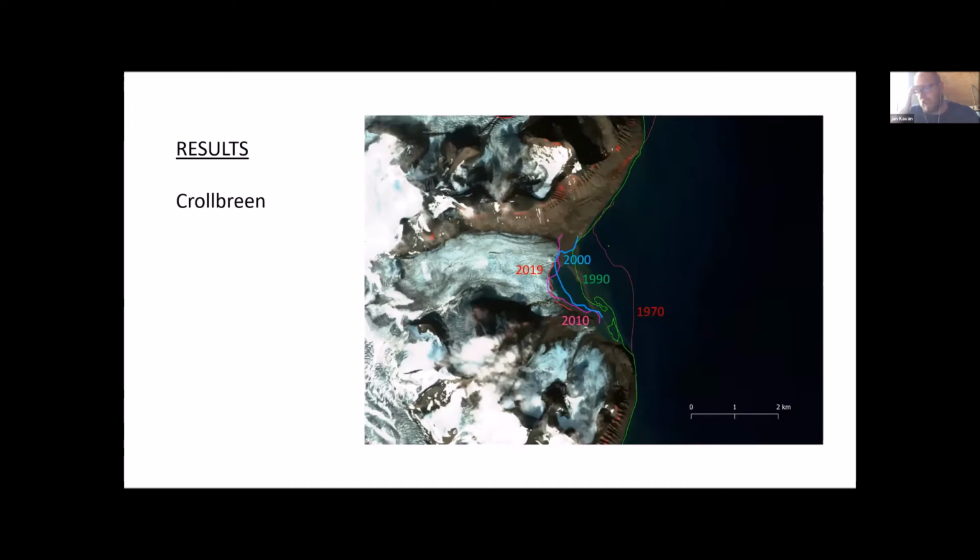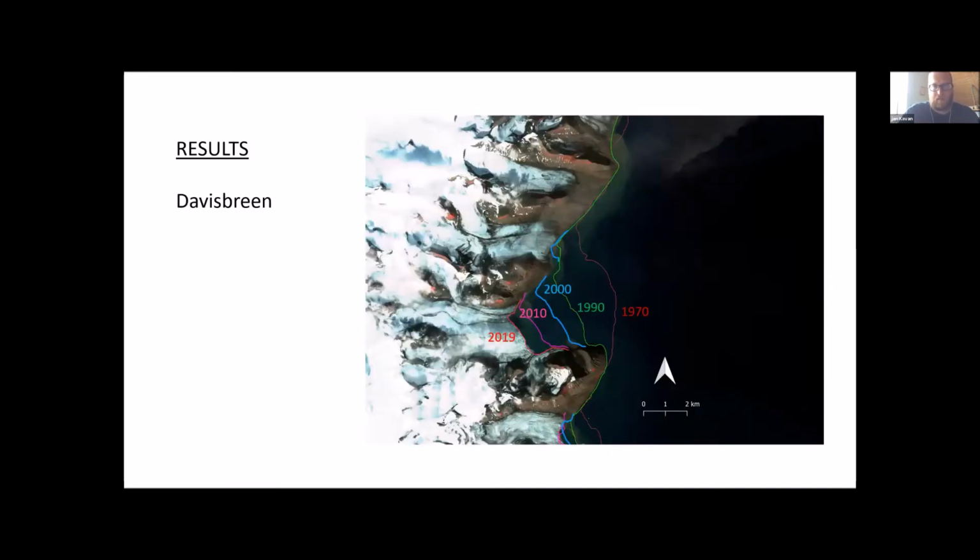Then Karlbreen, a nice example of a glacier that is probably turning into a land-based glacier because the frontal position stays more or less the same for the last 10 or 12 years. And the last one, Davisbreen, which is one of the fastest retreating glaciers.